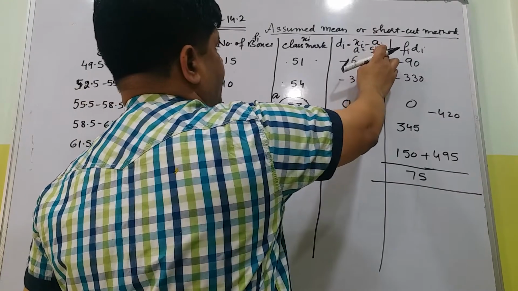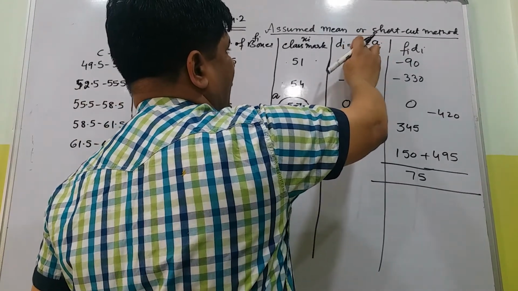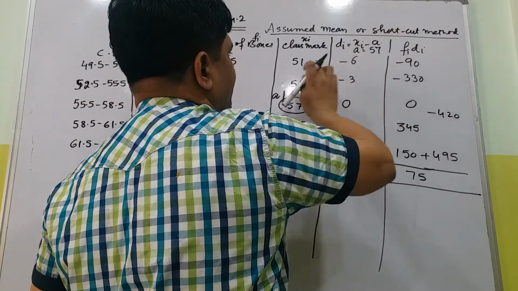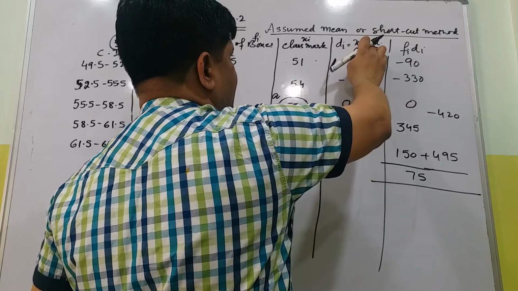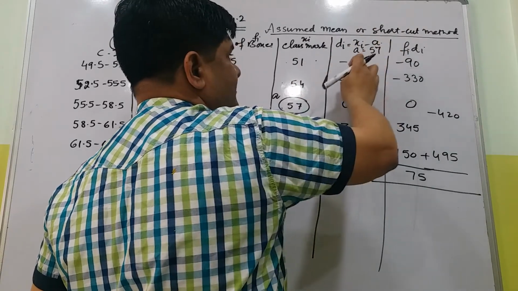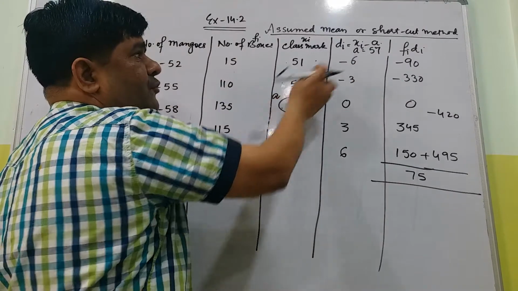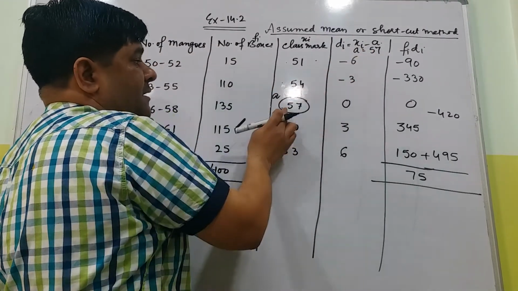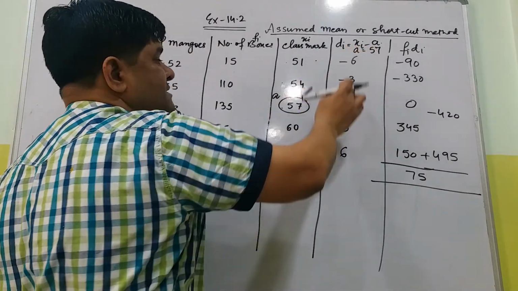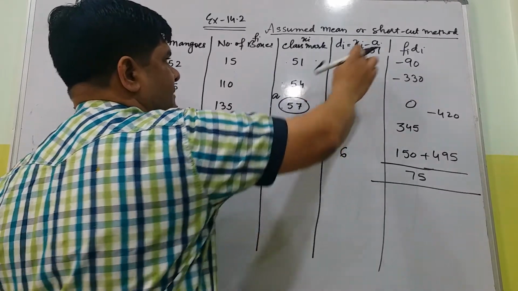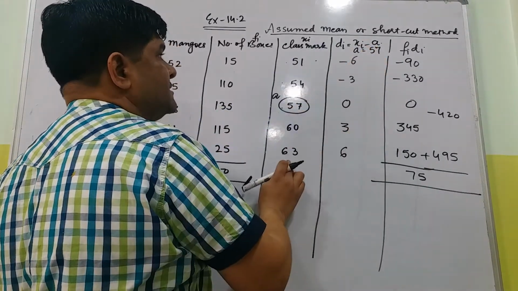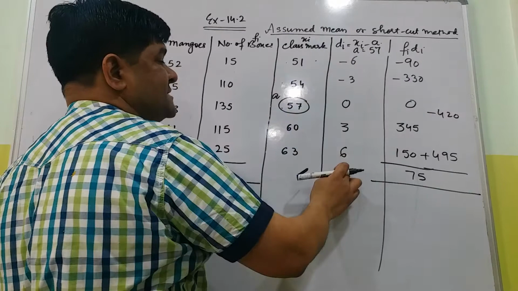That we have written here, the formula for deviation is xi minus a, where a is the assumed mean. You substitute the value here: 51 minus 57, minus 6. 54 minus 57, minus 3. 57 minus 57, 0. 60 minus 57, 3. 63 minus 57, 6.